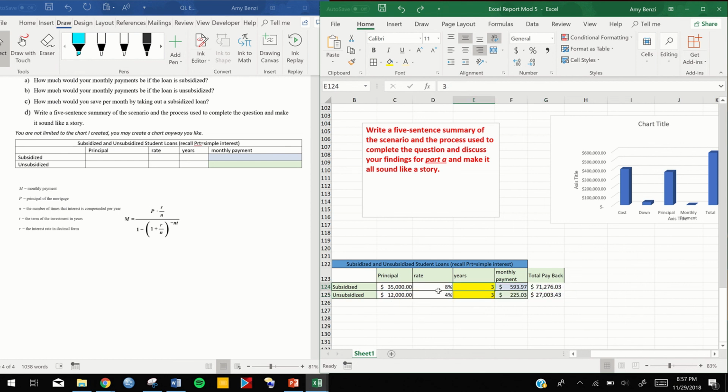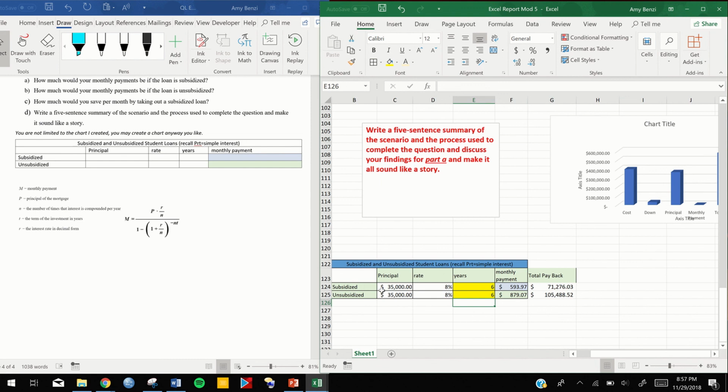All right, but I can do this. The longer you go, the more you borrow. What if I went to school for 6 years instead of 3? So there are all kinds of factors that can change this.